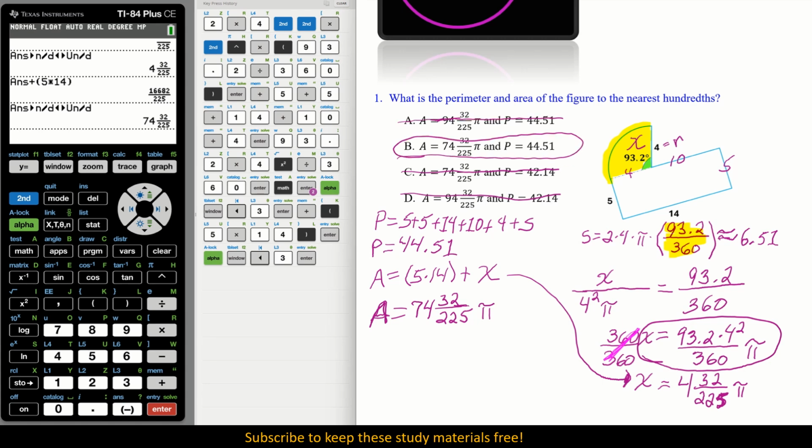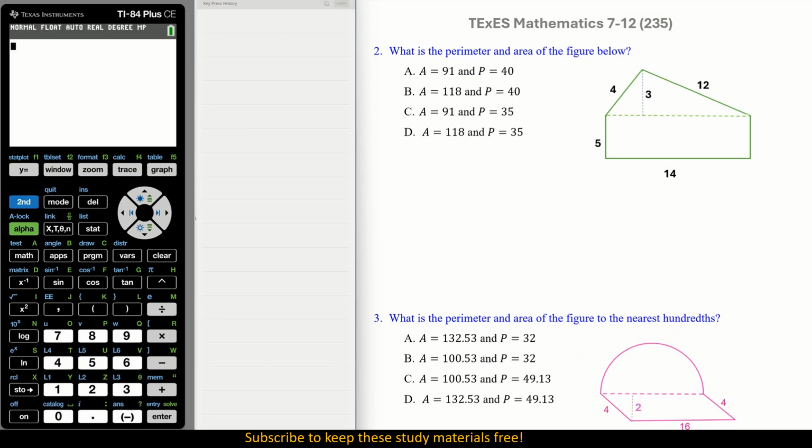All right, great. Now we can move on to number 2. What is the perimeter and area of the figure below? Well, let's do the perimeter first. And we know that this should be 5. If we add all those up, actually, we don't even need to write them down. What we need is all these values.